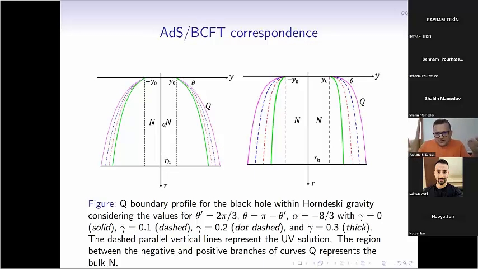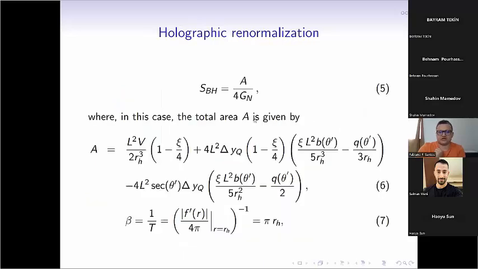And of course, it is better to work with the approximate solution, because we can obtain analytical expressions for the transport coefficients, right? To apply the AdS/BCFT correspondence, we need to compute the area of this figure.